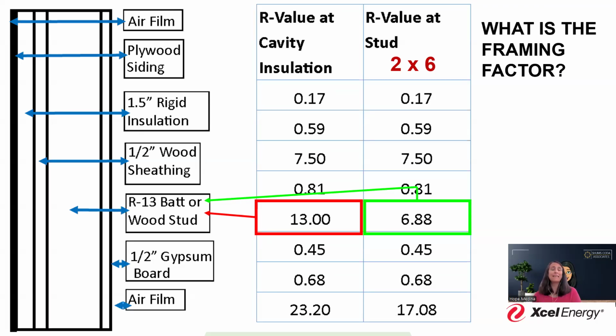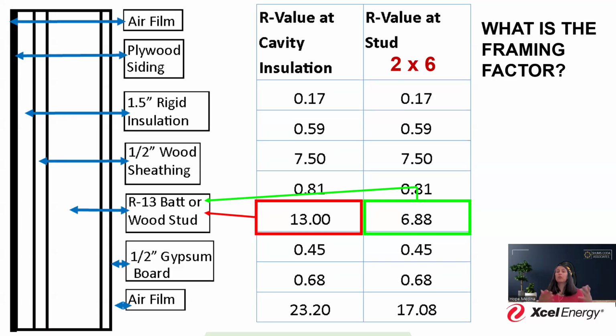It is just a wood stud. And typically, wood studs get about 1.12-ish, somewhere around there, of an R value per inch. So you'll notice there is quite a significant difference there. Almost half of what we have with that batt insulation is what we get at the stud.